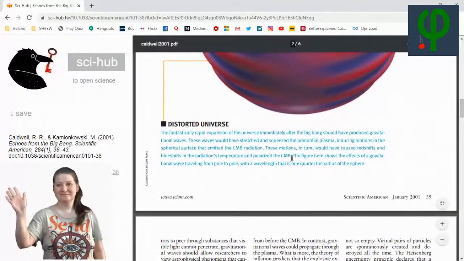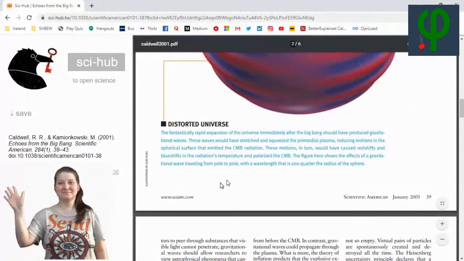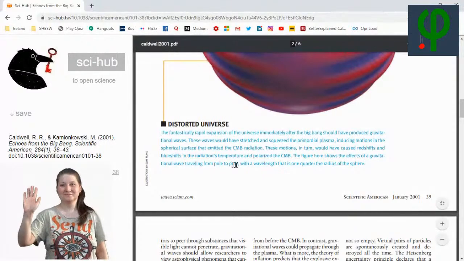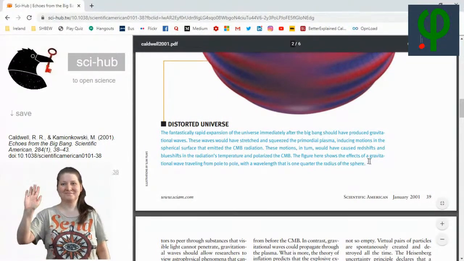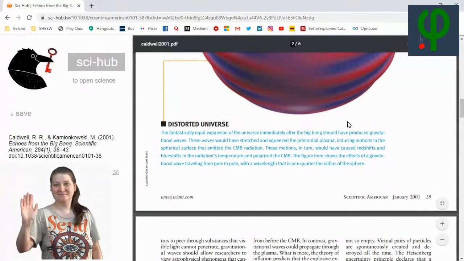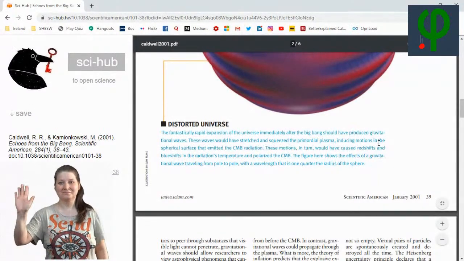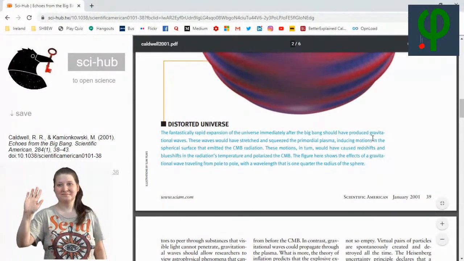Here, the figure shows the effects of a gravitational wave traveling from pole to pole with a wavelength that is 1/4 the radius of the sphere. Pretty dang exact. Divide the radius of the sphere by 4, slap a gravity wave across, made the shape.